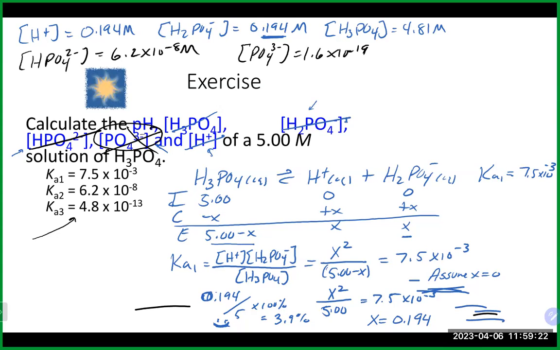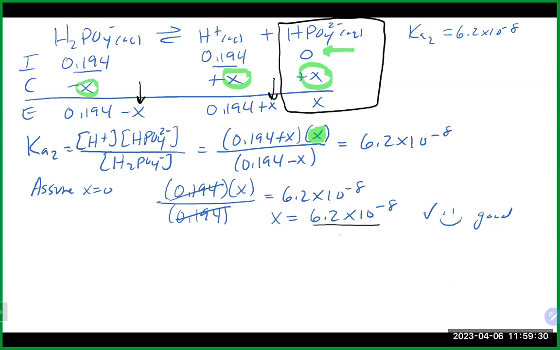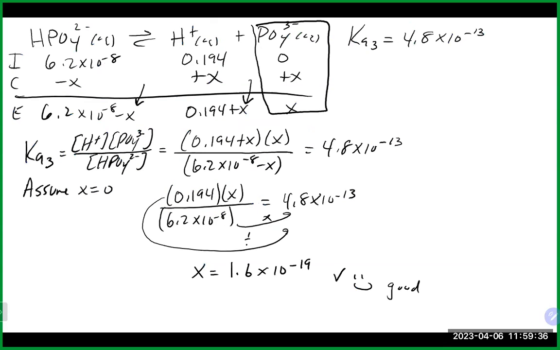The very first step, right? The very first step, we had a concentration of H plus of 0.194. Basically, we only were able to get off like 6.2 times 10 to the minus 8 in the next step, and even less in the third step, basically 10 to the minus 19 came off.